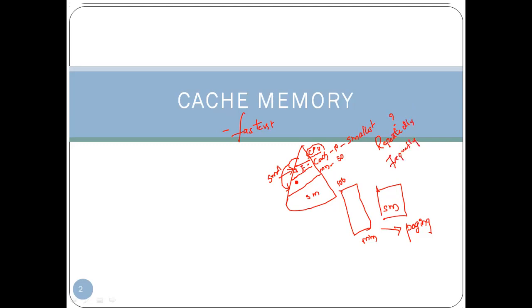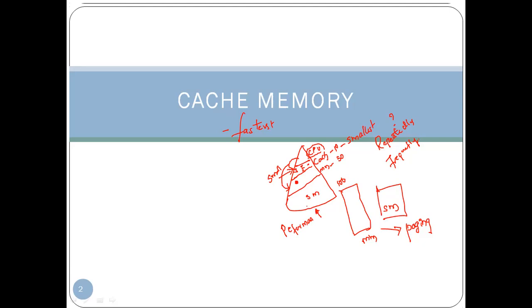If they are frequently used, the CPU need not go to the main memory to fetch the instruction. It can get the instructions in the cache itself. So time is saved, and when time is saved, automatically the performance is increased. So when we make use of cache, we have high performance.